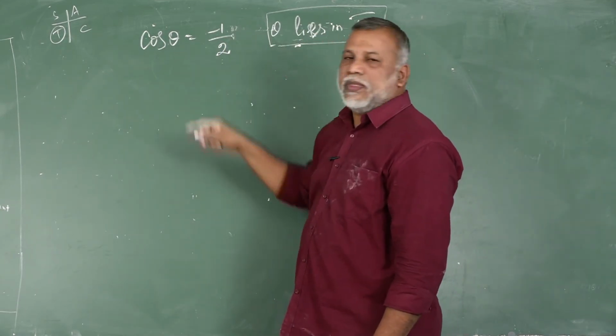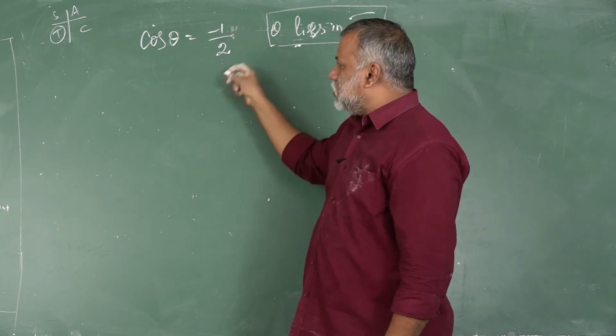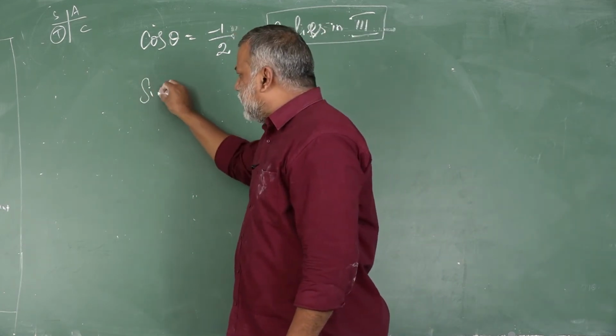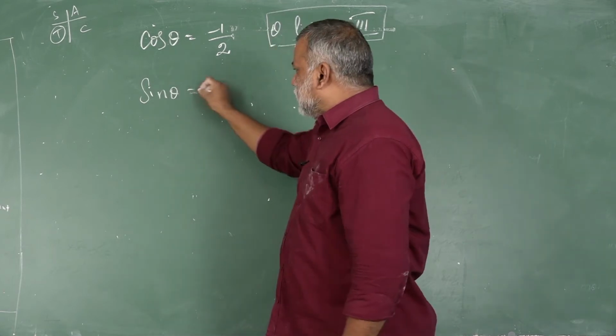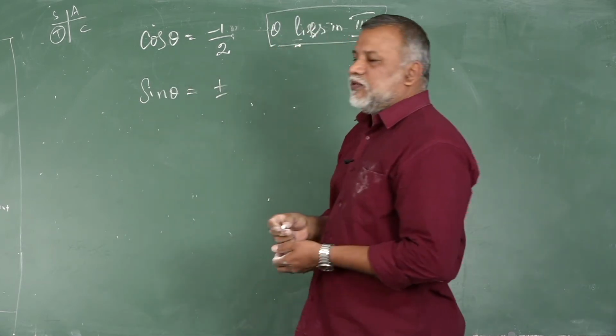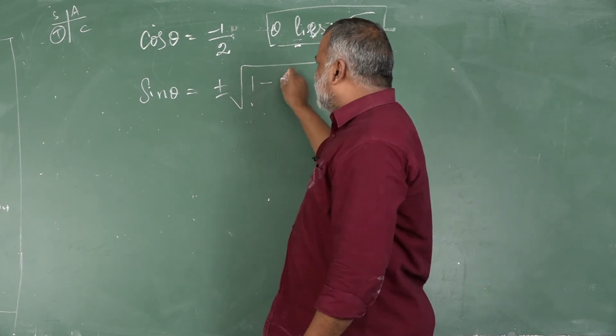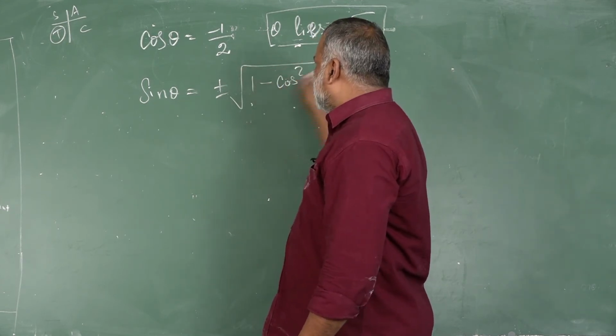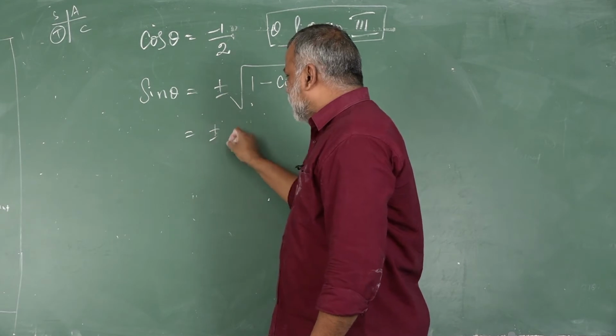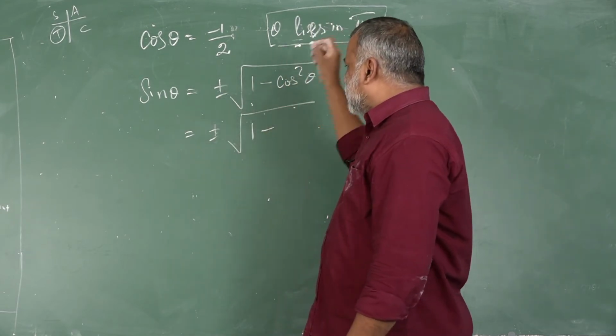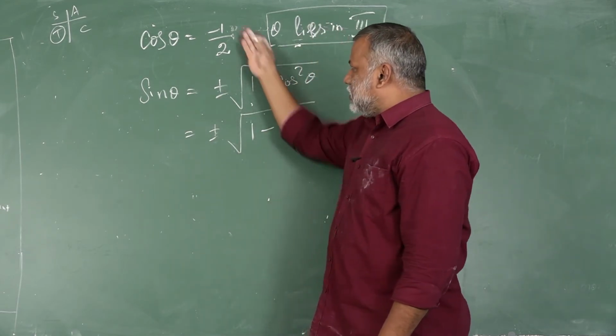Now we have cos theta equal to minus 1 by 2, so immediately we are able to derive sin theta. From the identities, we have the formula sin theta equals plus or minus square root of 1 minus cos square theta. Square this value.